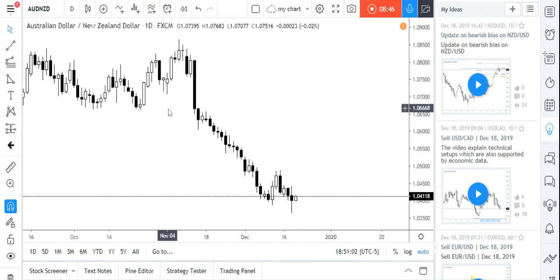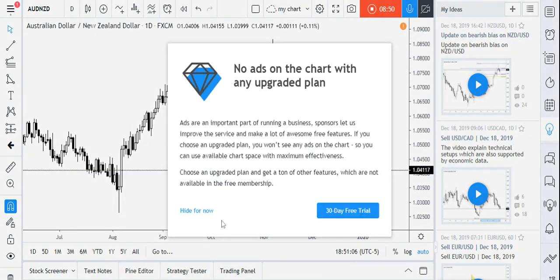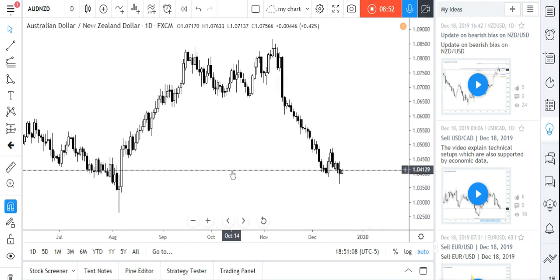So here we'll target a 30% retracement of this downward movement. I always consider 30% as the significant retracement level and the minimum retracement level, because it is the historical behavior of the market to make a retracement of 30%. So I take it into my account for consideration, despite this not being a typical Fibonacci level.